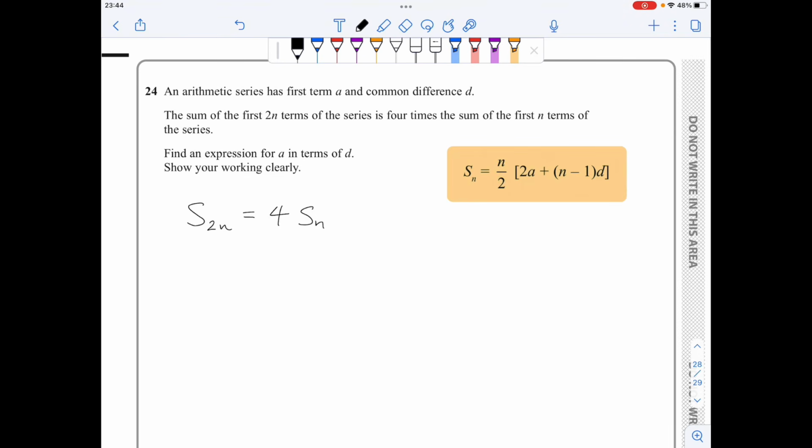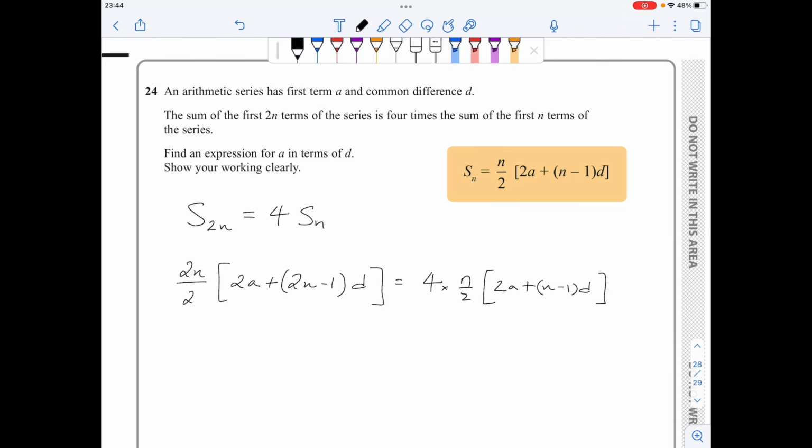So if I use this formula for the sum of the first 2n terms, I will get 2n over 2 times 2a plus 2n minus 1 times d, and this is equal to 4 times n over 2 times 2a plus n minus 1 d.